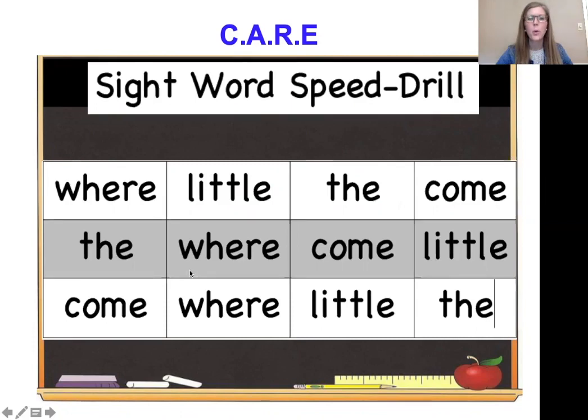The, where, come, little. Come, where, little, the. Very good. Let's practice that one more time, but this time a little faster. Ready? Read. Where, little, the, come. The, where, come, little. Come, where, little, the.